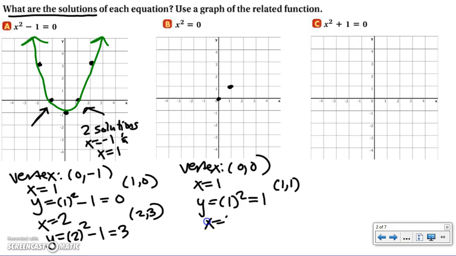I'll also plug in x equals 2 up here to x squared. So that is 2 squared, which is 4. So this point is (2, 4). Once again, my parabola is symmetrical, so I can also place those points on this side. I can then connect them to make my parabola.